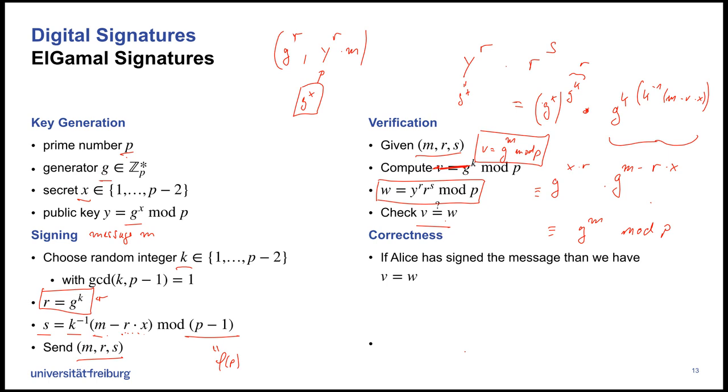Now, interesting here is that a lot of things happen in the exponent. Compared to ElGamal, this was the encryption of ElGamal here. It is basically only happening below.